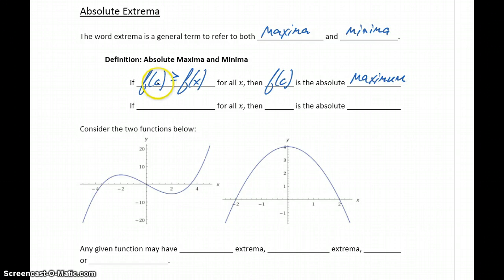So what we're saying is when we evaluate the function at this point, x equals c, the value of our function at that point has to be larger than our function evaluated anywhere else on its domain. And then similarly, if f of c is less than or equal to f of x for all x, then f of c is the absolute minimum.